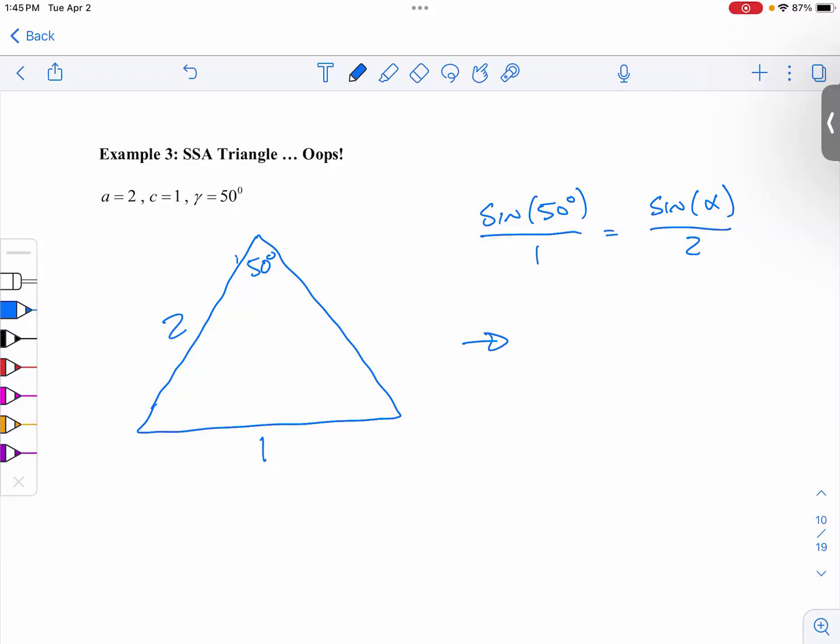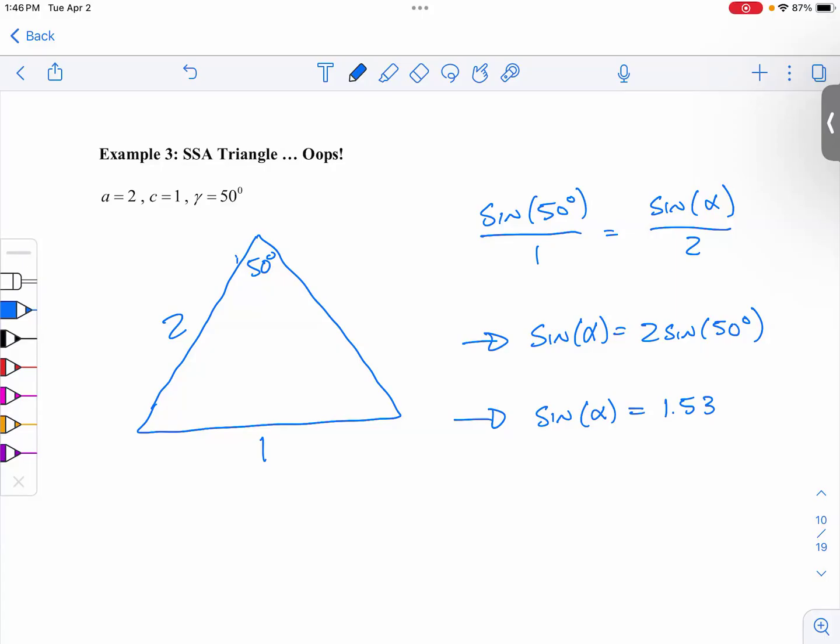I want to show more of this calculation. So cross multiply. It's basic solve. Sine alpha equals 2 sine 50 degrees. When I actually calculate that, I get sine alpha of 1.53.